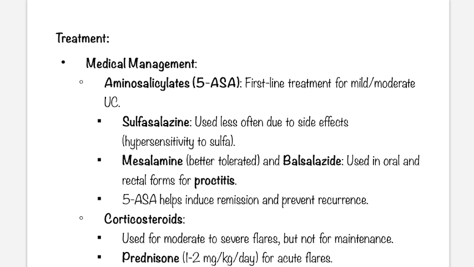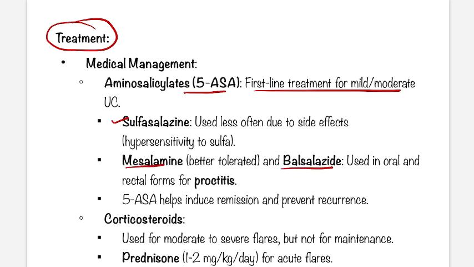Okay, how will you manage ulcerative colitis? Ulcerative colitis can be managed by aminosalicylate, 5-ASA. This is first line treatment for mild or moderate ulcerative colitis. Sulfasalazine is used less. Mesalamine is better tolerated, and balsalazide is used in oral and rectal form for proctitis. So 5-ASA helps in remission and prevents recurrence.